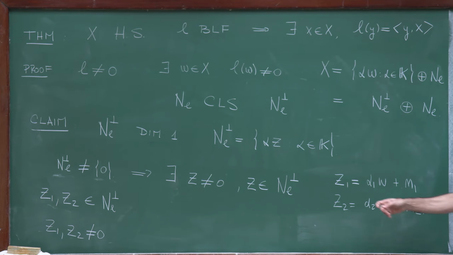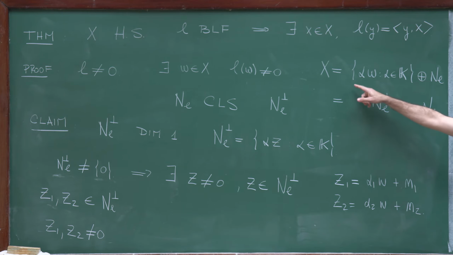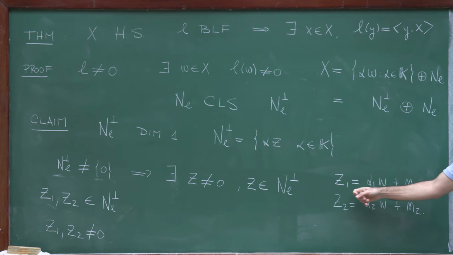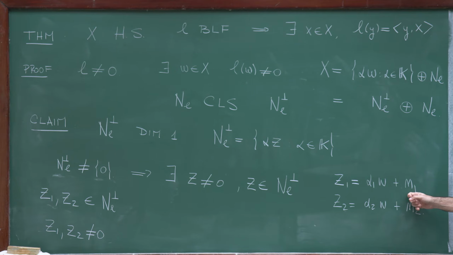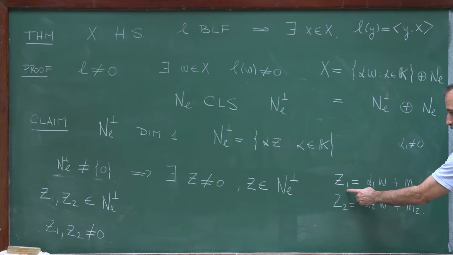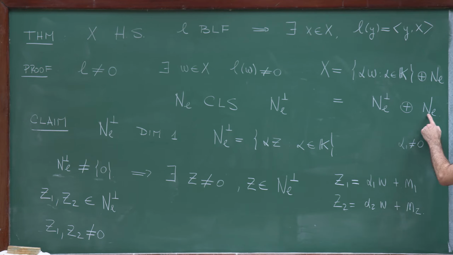Let me repeat that. By the first identity, I can always write Z1 as a scalar times W plus N1, and I'm claiming that alpha 1 is different from 0. Why is that? Because if alpha 1 is equal to 0, I get that Z1 is an element of the null space.